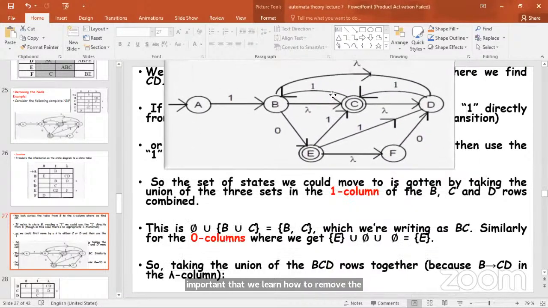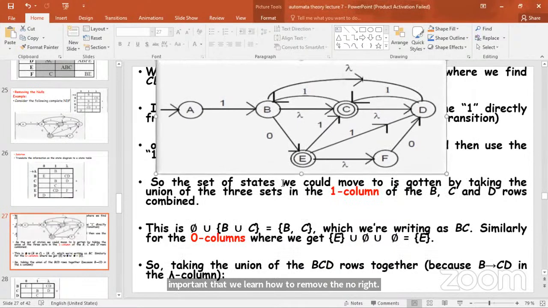So the set of states we could move to is gotten by taking the union of the 3 sets in the 1 column of B, C, and D rows combined. Now, this is empty set union empty set, union B, union C, which gives us BC for the 1 column.